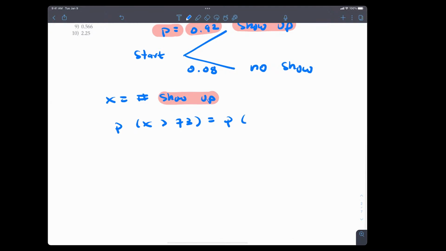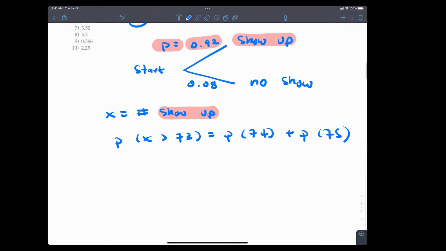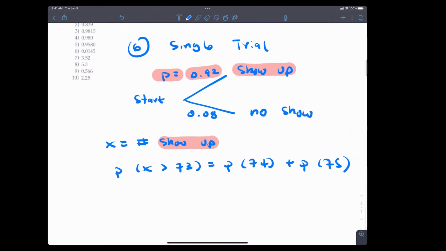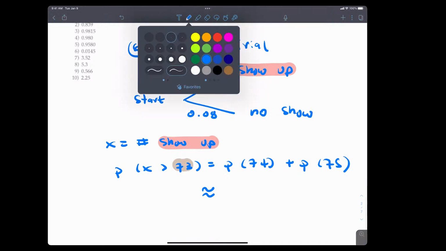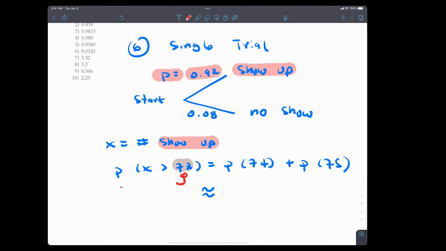So what does that mean? That means either 74 show up or 75 show. So this is a pretty good question by definition. Exceeding the 73, more than 73, because remember 73 is the capacity of the plane.